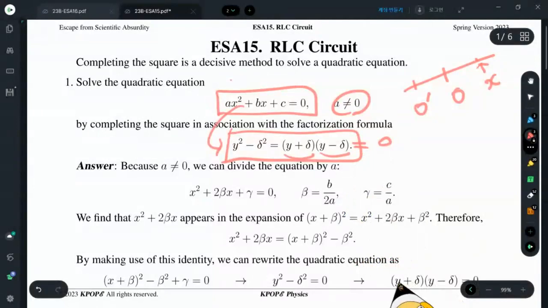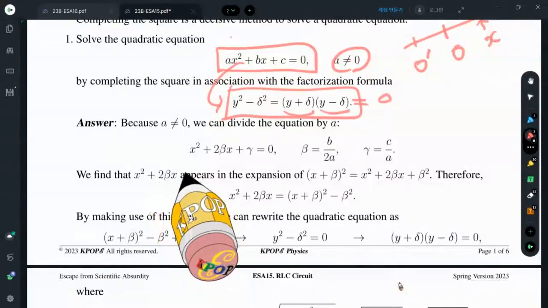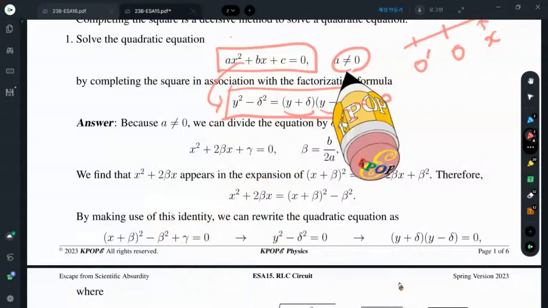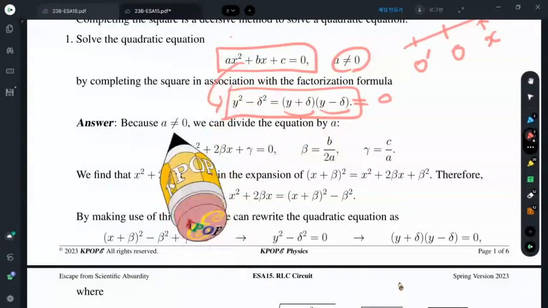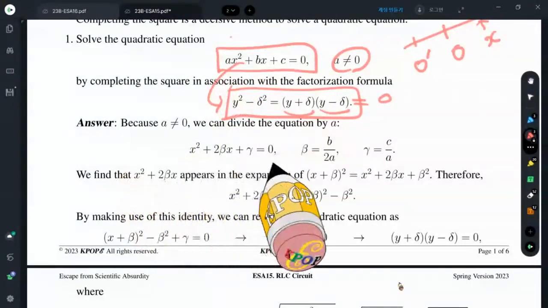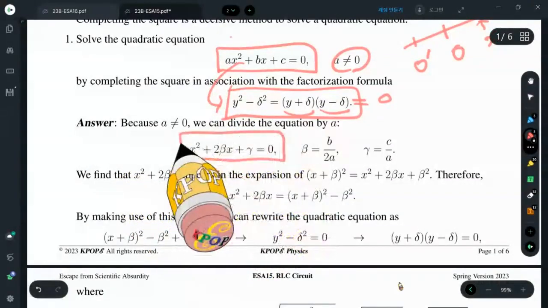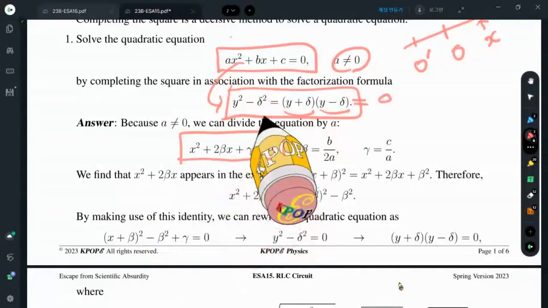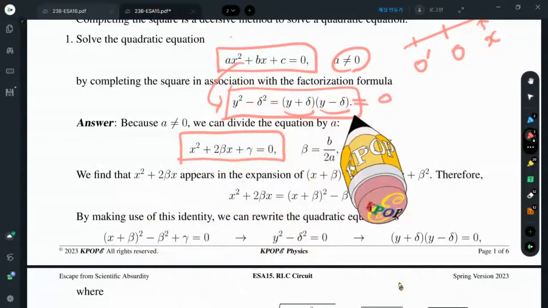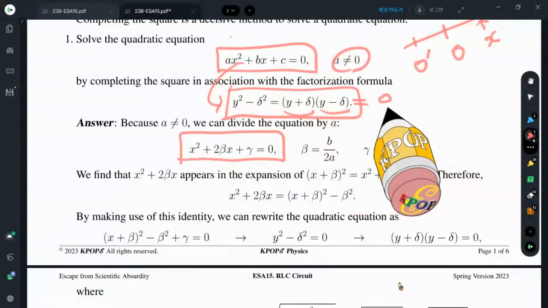But let me review. First of all, because a is non-zero, we just scale out the overall factor by dividing both sides by a. Then we obtain this form in general. I don't like this because I want to use an elementary factorization rule.